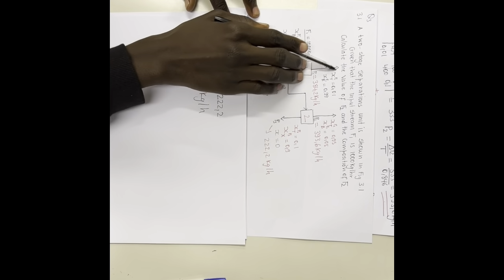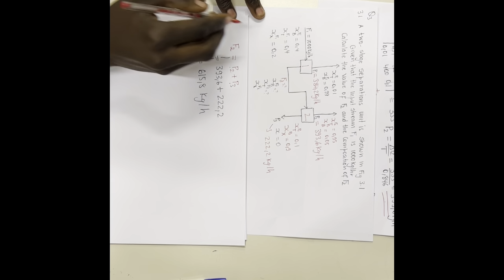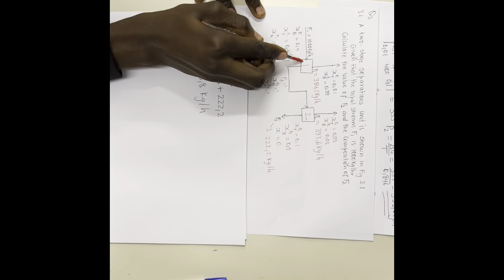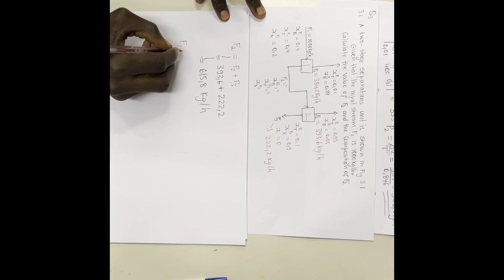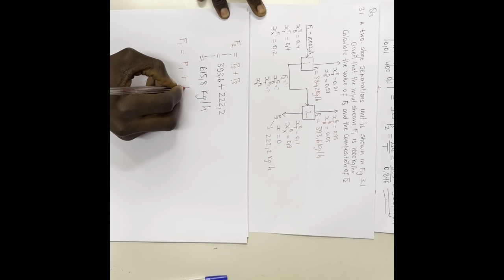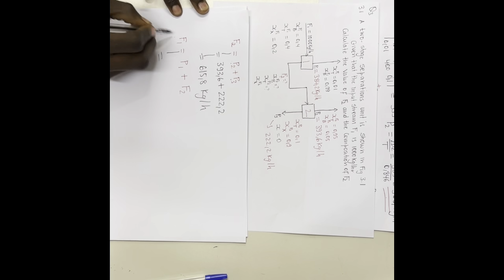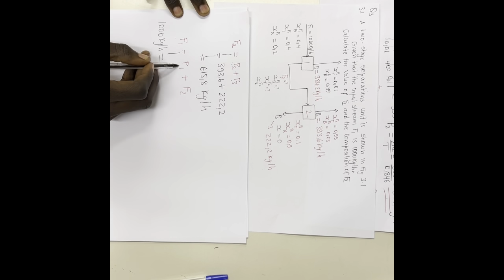In unit 1, we can say F1 is P1 plus F2. We know already it is 1,000 kilogram per hour. So what is P1 now?